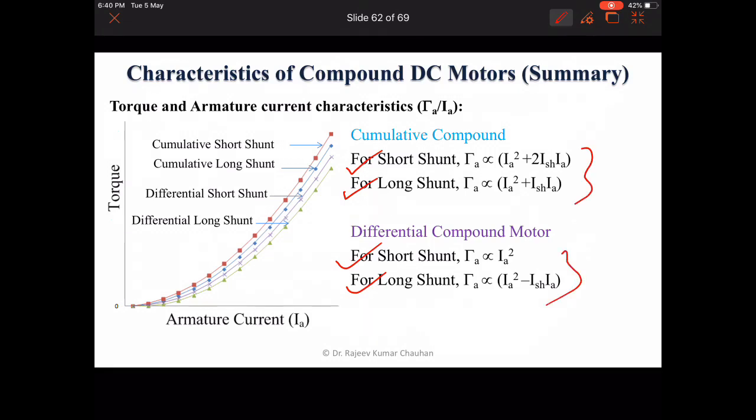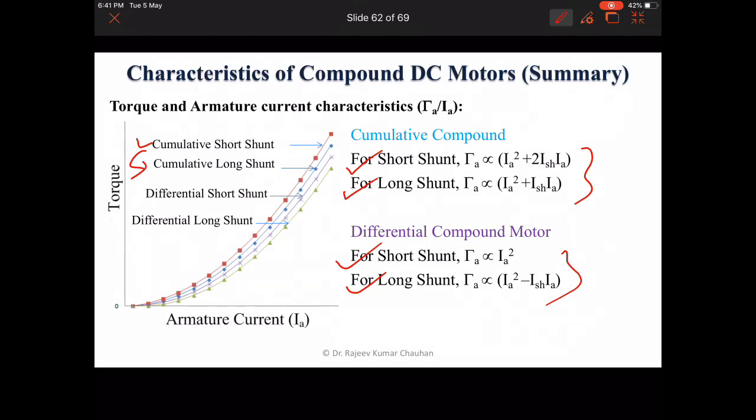So, we can see that if we take the cumulative short shunt motor as reference, for its torque and armature current characteristics, as we move from here to the cumulative long shunt, the curve tilts from torque toward the armature side.